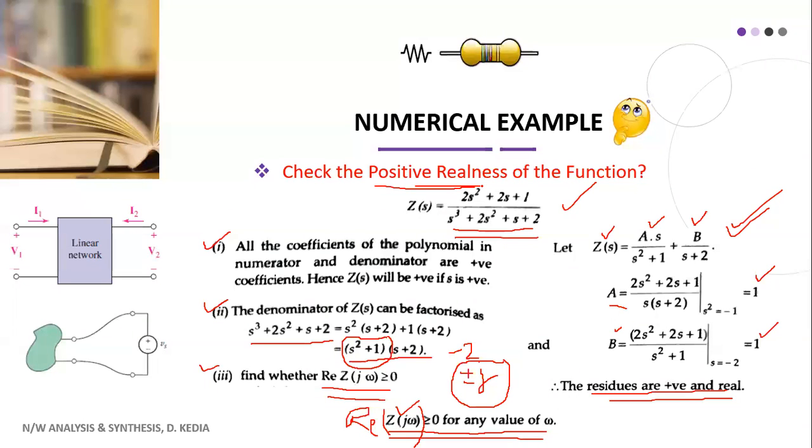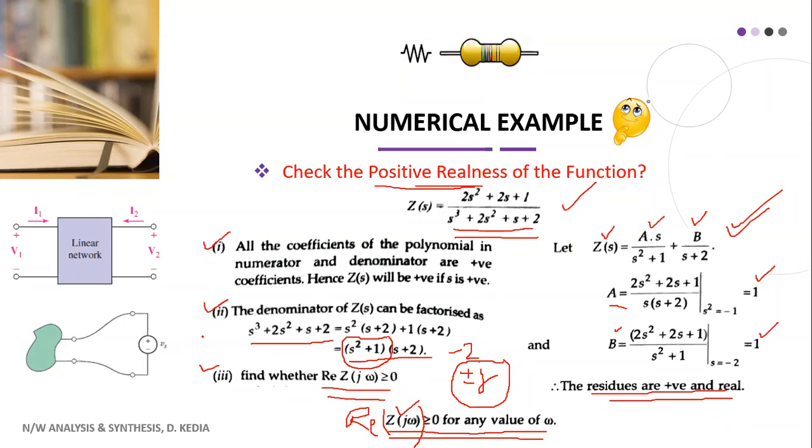The first step is we will check the polynomials in numerator and denominator. They have positive coefficients or not. They have some missing terms or not. If we do that, we move to second part. We will determine the poles and zeros on imaginary axis. If there are poles and zeros on imaginary axis, then we will see whether they are simple or not. If they are simple, we will find out the residues.